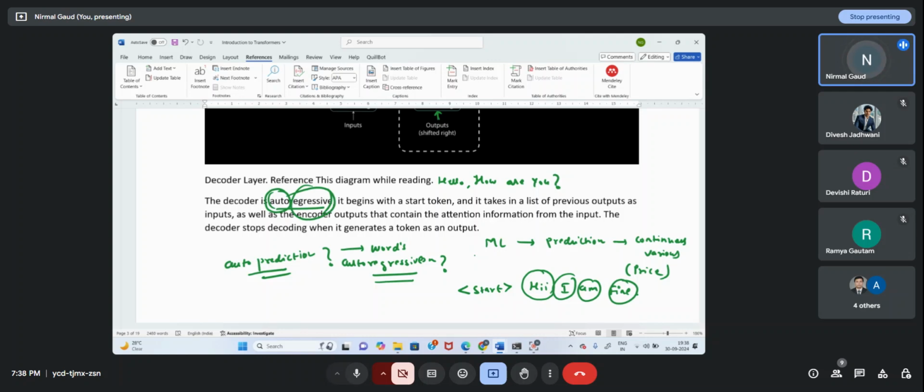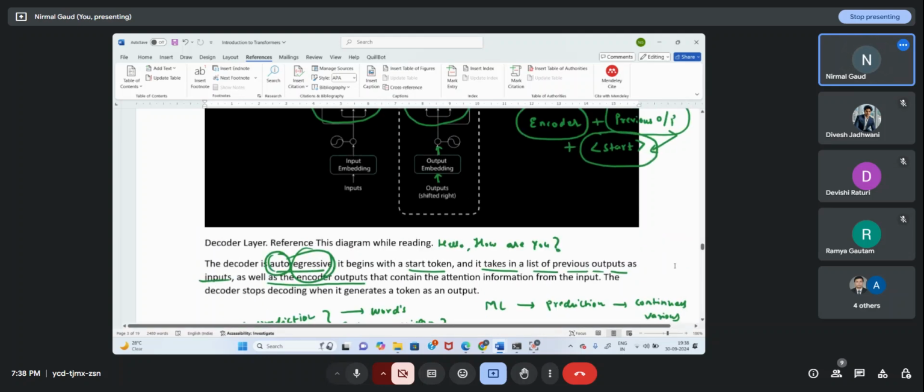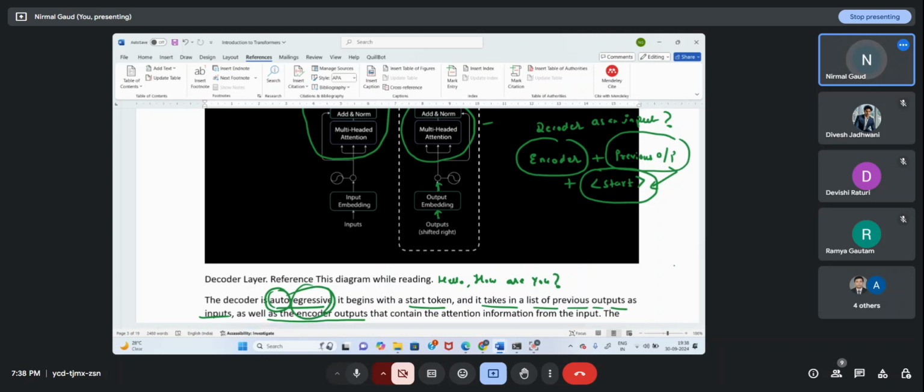It begins with the start token, and it takes a list of previous outputs as inputs. After step one, you will be getting inputs from the previous outputs as well as from the encoder. The encoder output, which I have already shown you, will be input to the decoder. The previous outputs also, starting with start, it will take.